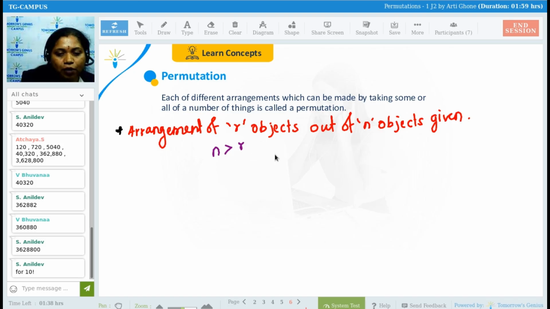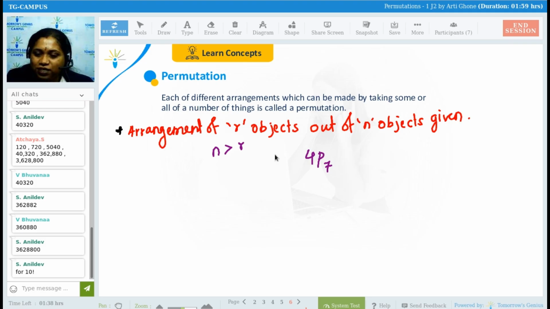You can't arrange, say, I want to arrange 4 girls out of 7. Is it possible? I want to arrange 7 girls out of 4. Is it possible? No. Are we going to divide the girls into 2 parts?